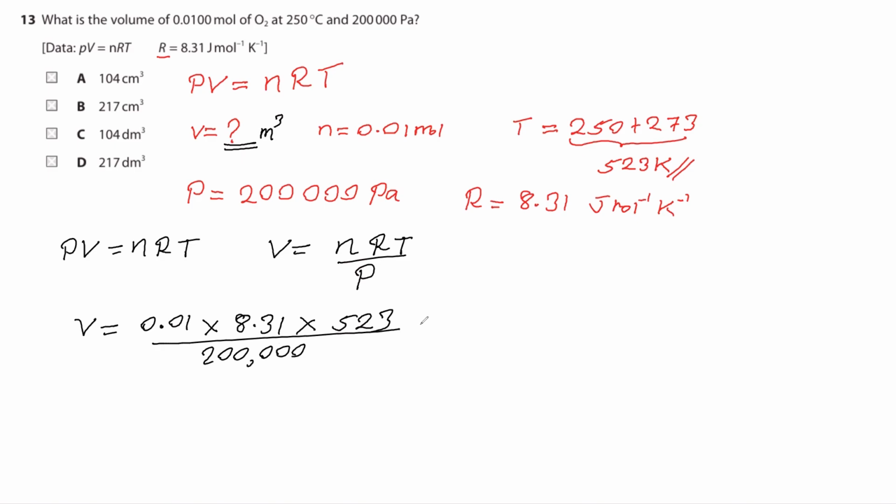If I do this calculation, my volume will come in cubic meters. So my volume is 0.000217306 cubic meters. Do I have any answer with cubic meters? No. The answers are in cubic centimeters and cubic decimeters.